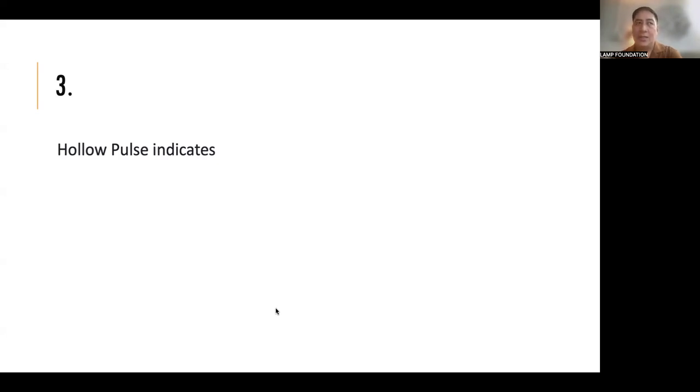When we feel the middle level, we're actually determining the flow of blood, right? So if at that level you can't feel the pulse, what does it mean? It's hollow, empty.